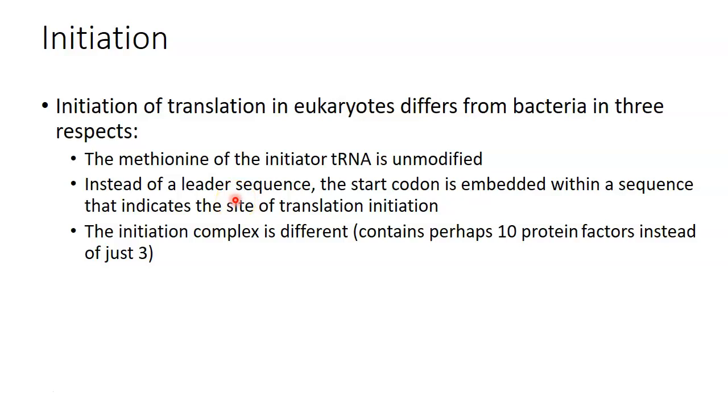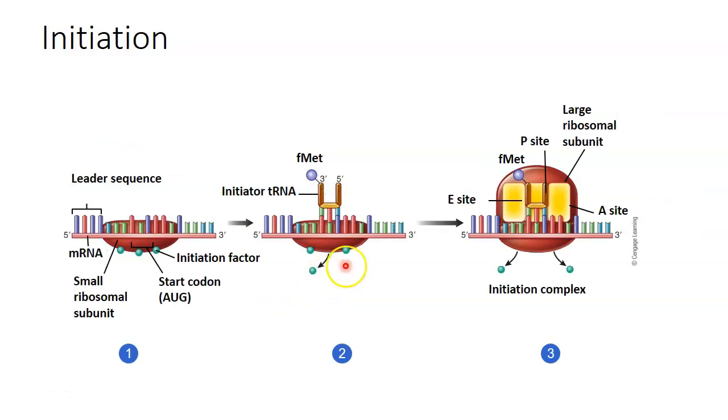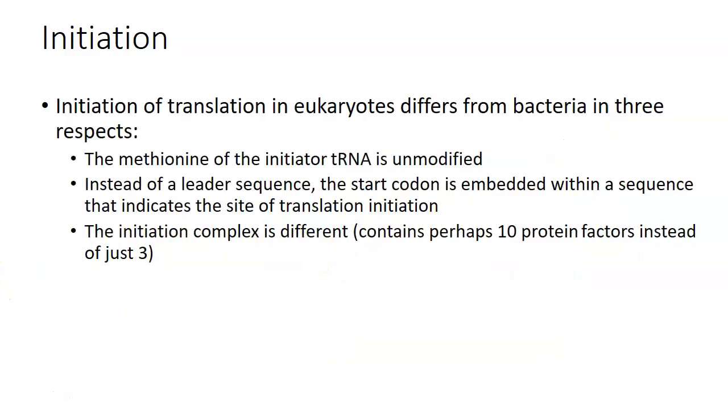So where exactly the ribosome binds is just a little bit different in eukaryotes. And lastly, let me go back here. You can see these 3 initiation factors required for prokaryotic initiation. In eukaryotes, there's more like 10 or maybe even more protein factors involved in initiation. So again, just more complex.